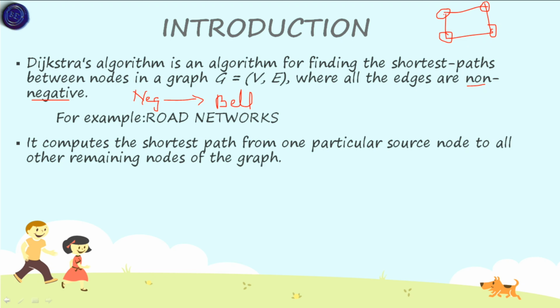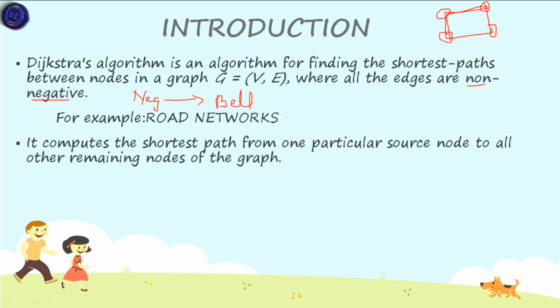Let us consider this is a source node, and it will find the shortest paths from the source node to the remaining nodes. So from this vertex to this vertex, from this vertex to this vertex, it will find the shortest paths. In this way, the Dijkstra algorithm works.